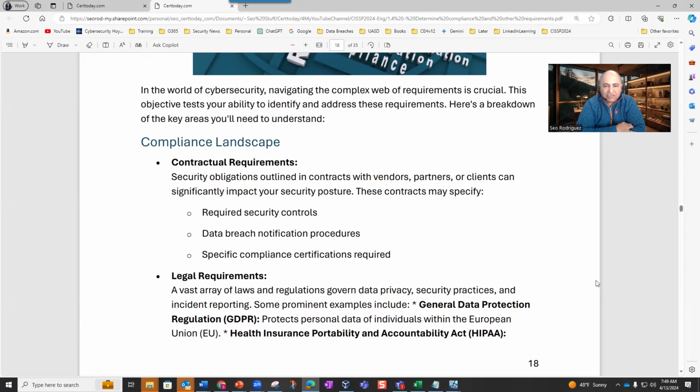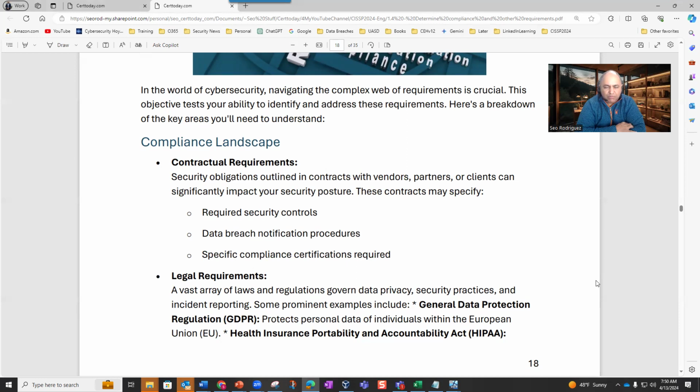Security obligations outlined in contracts with vendors, partners, or clients can significantly impact your security posture. This contract may specify one, required security controls, two, data breach notification procedures, and three, specific compliance certifications required.